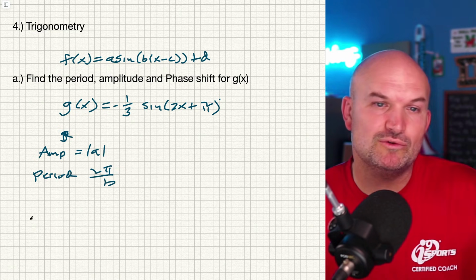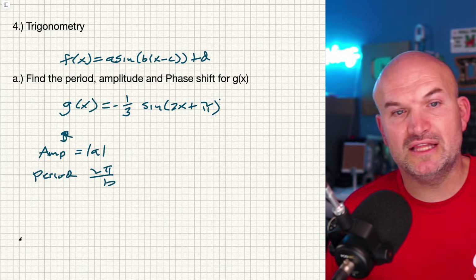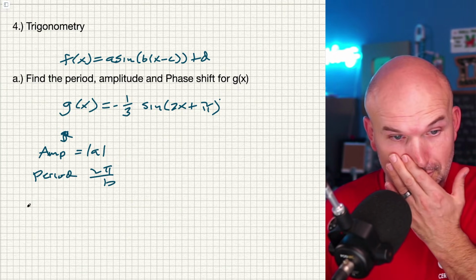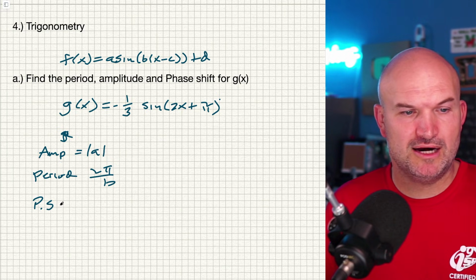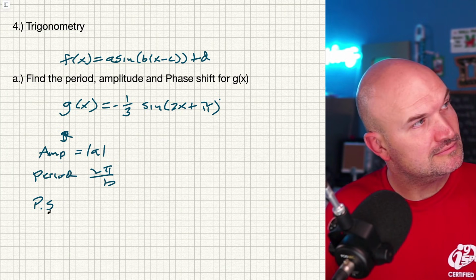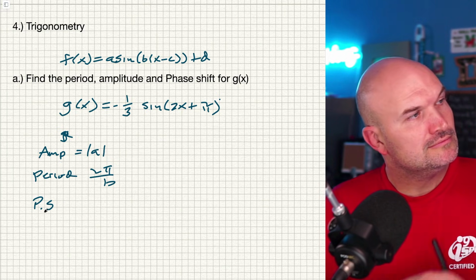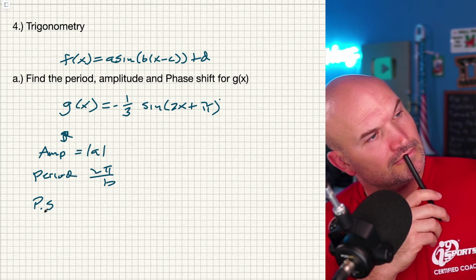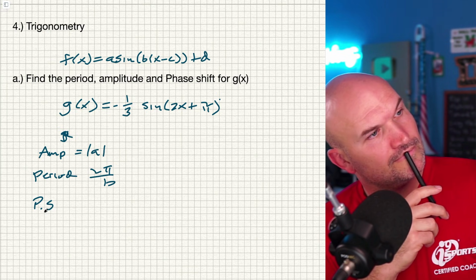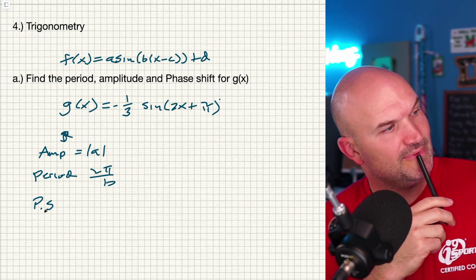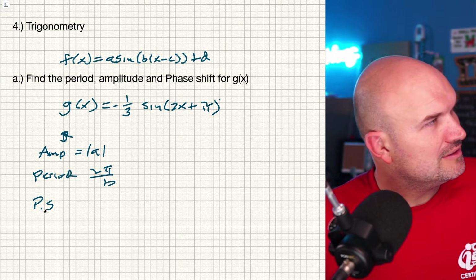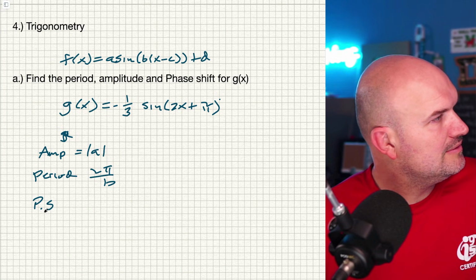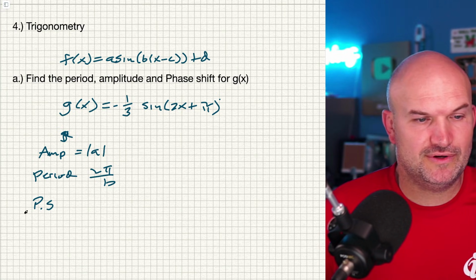And our phase shift is how we're going to be shifting left or right. We could have our starting point from there. Phase shift, okay.